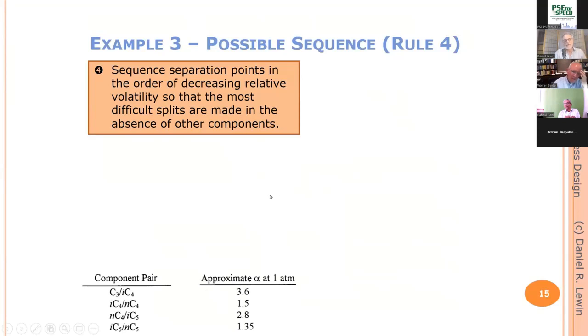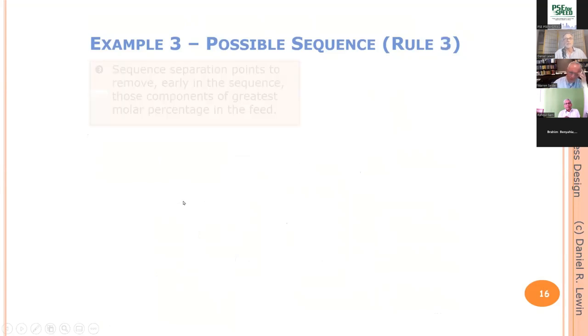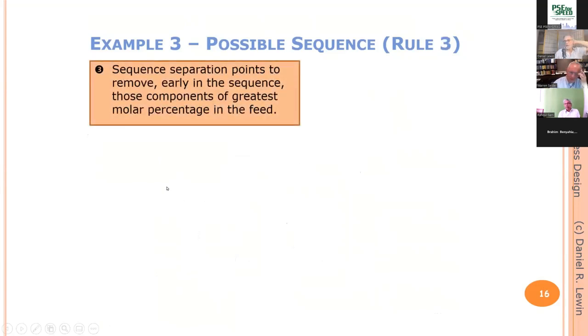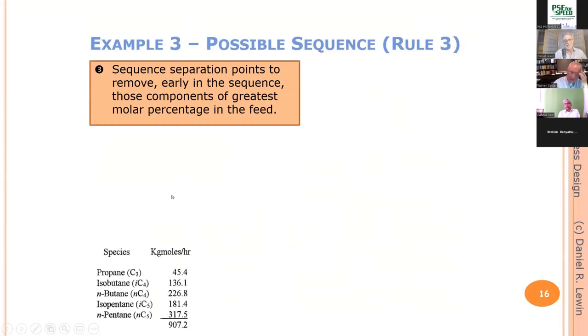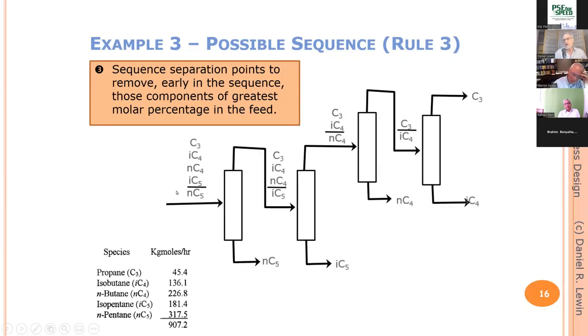So recalling the relative volatilities presented previously, this naturally leads to 1 possible sequence where every tower is inserted in decreasing order of relative volatility. Or, for example, using rule 3, where we separate the products in decreasing presence in the feed composition, we would have a different sequence to consider. So we can generate a number of alternative sets of sequences just by heuristics. And these would, of course, be competing against each other in terms of costing.